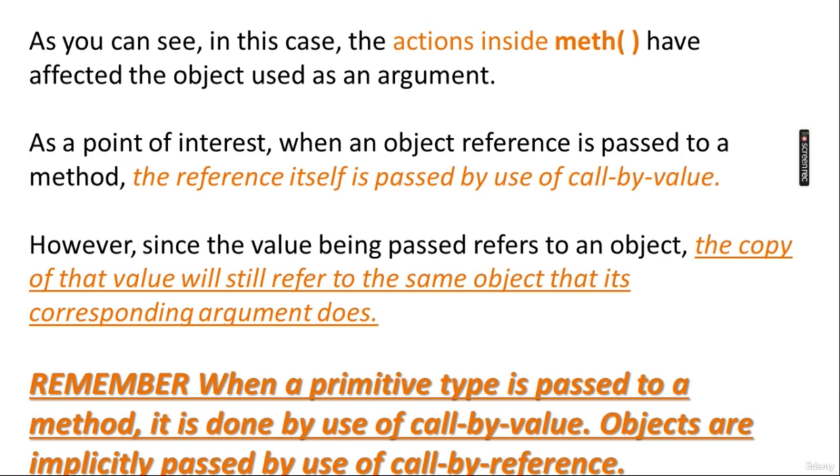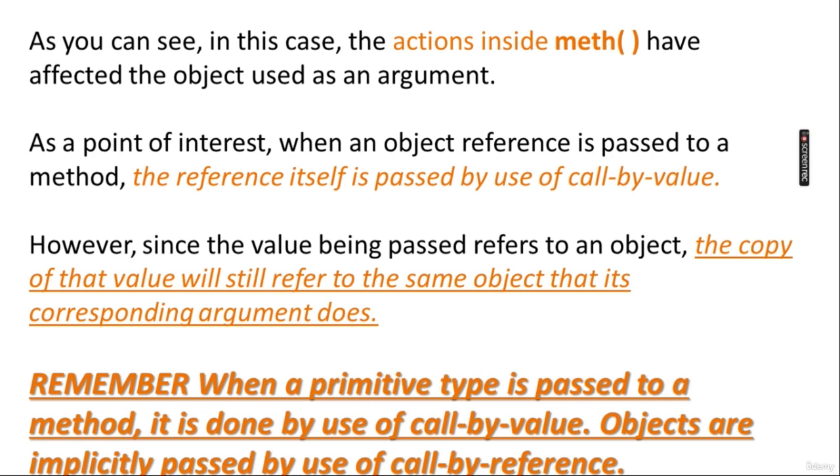Since the value being passed refers to an object, the copy of that value still refers to the same object that its corresponding argument does, so whatever changes you make to that object will be reflected.